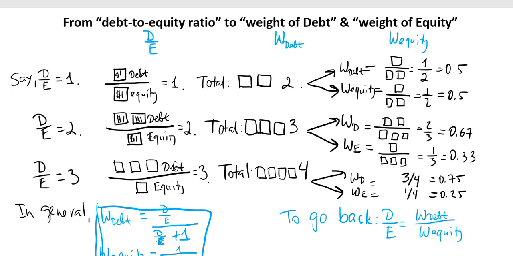So for example, weight of debt in this example is 0.75. We divide by weight of equity 0.25. We get exactly 3, which is what we already knew. Here 0.67 divided by 0.33 would give us 2, which is exactly the debt to equity ratio that we were deriving the two weights from.